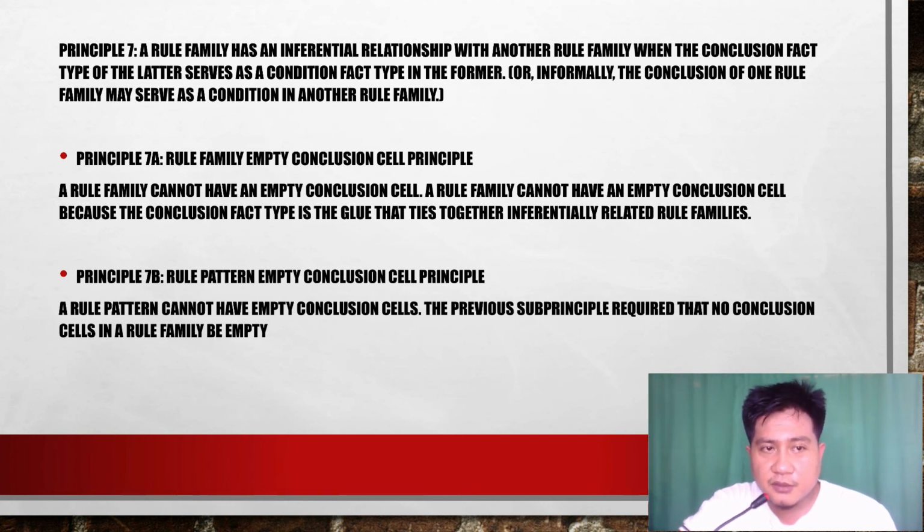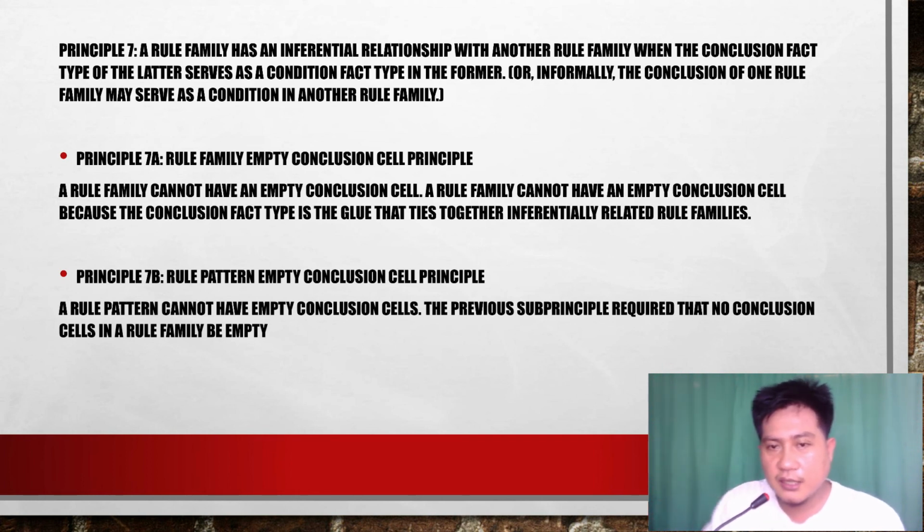This principle number 7 has two sub-principles. The first sub-principle is that a role family cannot have an empty conclusion cell, because the conclusion fact type is the glue that ties together inferentially related role families.